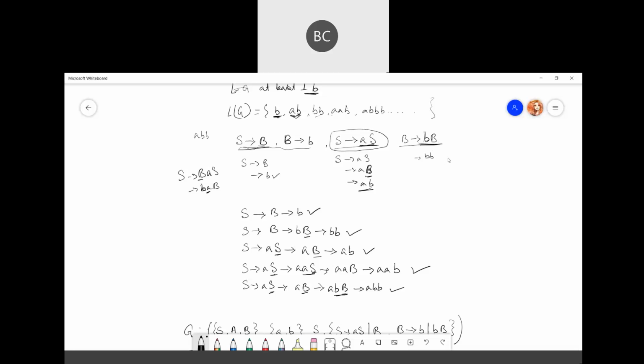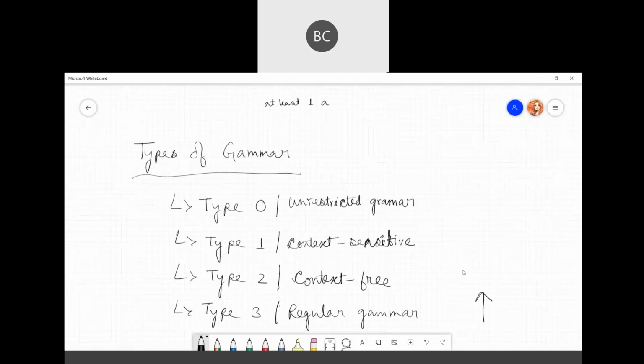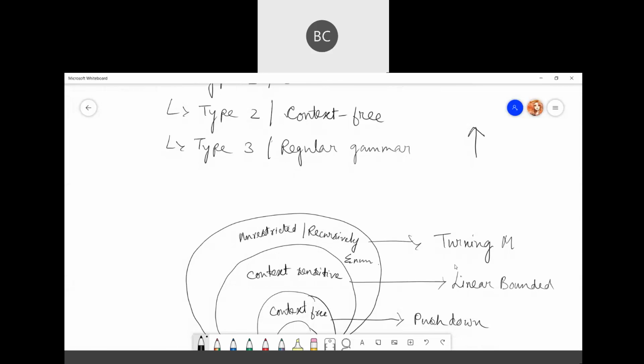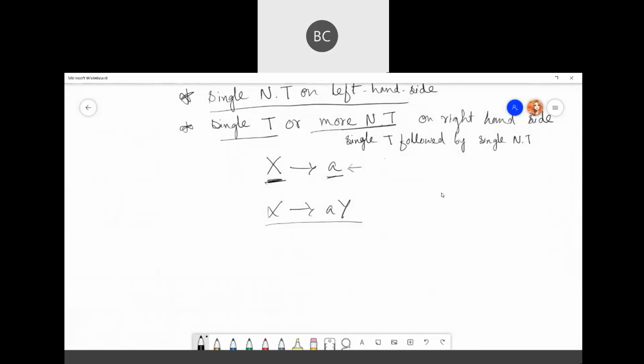So this is nothing but your regular grammar. This is the structure of a regular grammar. So if you see any grammar in this form, that means it's a regular grammar. Here X and Y belong to your non-terminals and A belongs to your terminals.